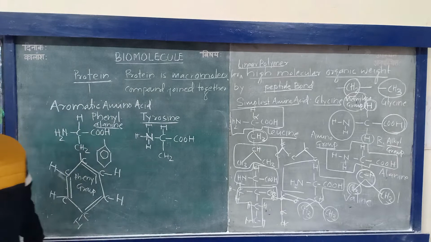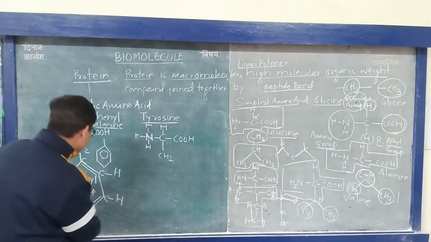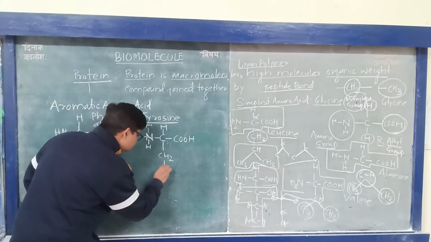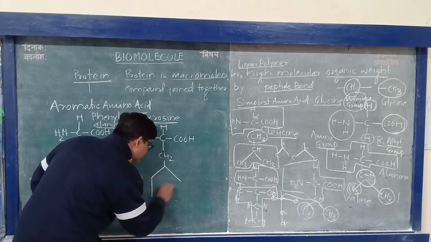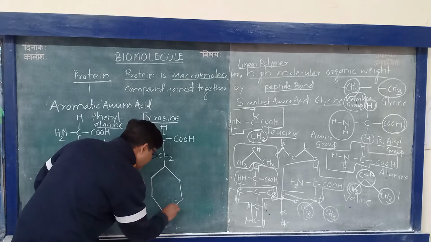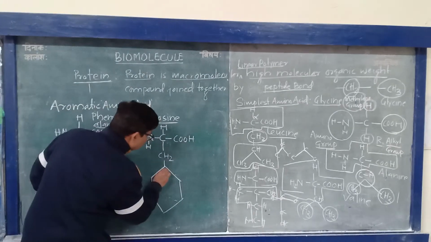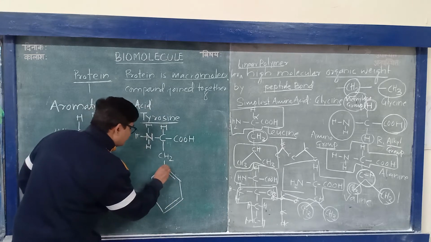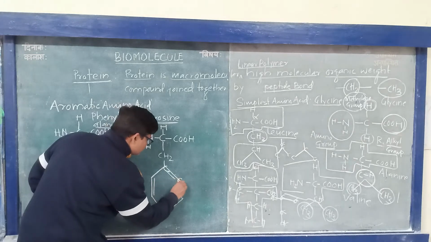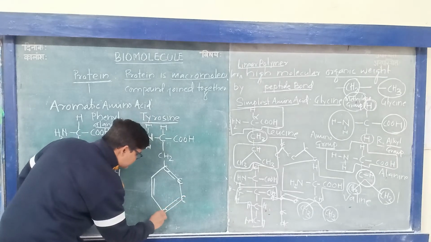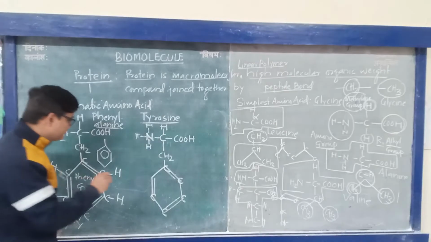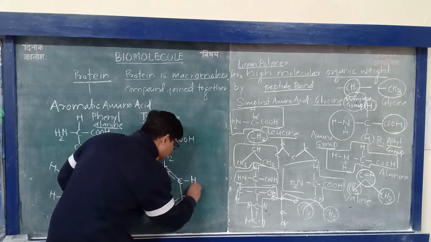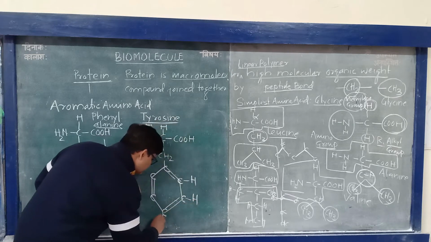So what you have to do is simply add one more hydroxy group at this point. Okay. So just try to draw this phenyl group. Give alternate double bonds and then carbon. Yes, this is also carbon, this is carbon, this is carbon, and this is carbon. Okay, and this is also carbon. So you have to fulfill the valency with hydrogen, hydrogen, hydrogen.